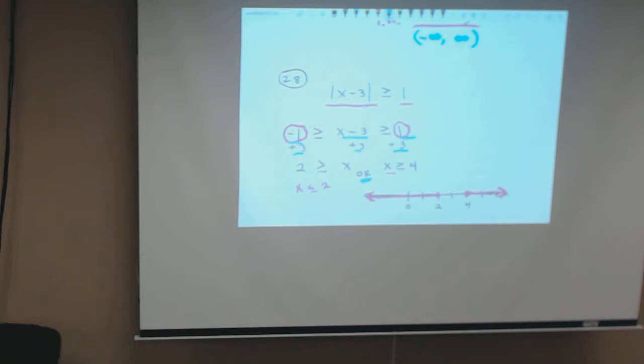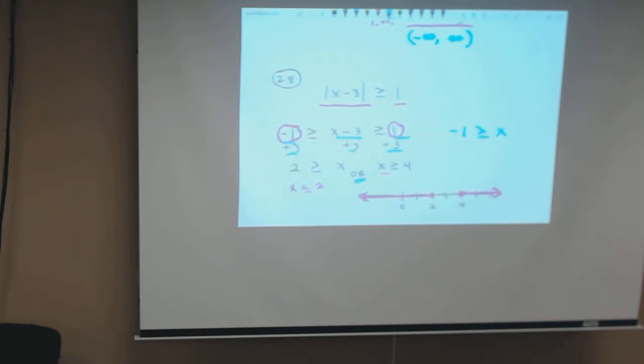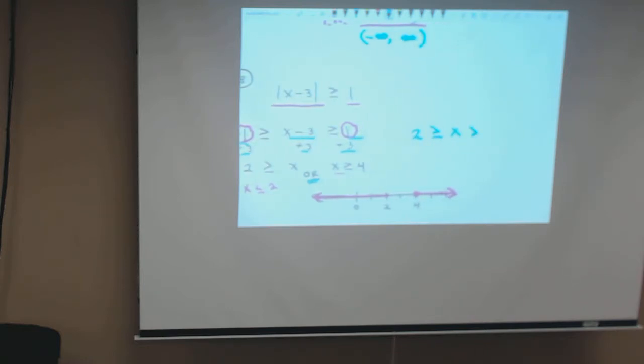And then what's going to happen is I'm going to have negative 1 plus 3, that's going to be 2, is greater than or equal to x, is greater than or equal to 4.